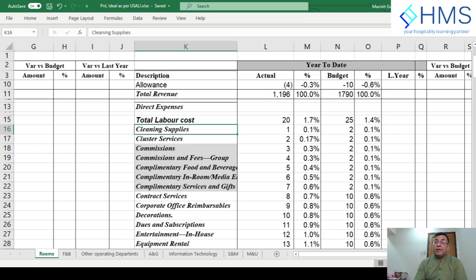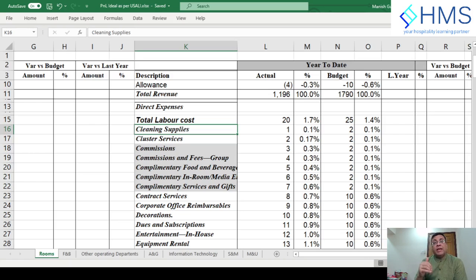For example, cleaning supplies. If you have more rooms occupied, it means you have to do more cleaning. But cleaning supplies include a certain part of the public area as well, which is fixed. Even though the hotel may not have a guest, you still need to clean the bathroom, you still need to clean the lobby, you still need to clean the public areas, and hence you may have to spend the money there.